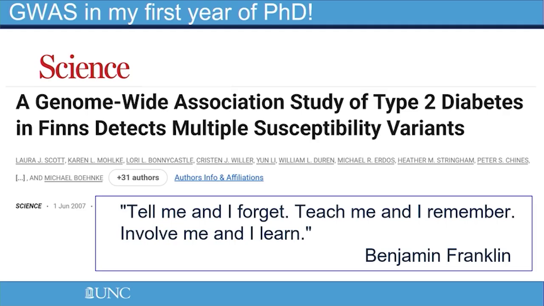But I can't talk about my graduate studies without mentioning this paper. Can you imagine your first paper being a Science paper as a grad student? I mean, it's just so amazing. So we started to have those GWAS data. I think Richard just mentioned 1996, the Risch and Merikangas Science paper talking about association studies.